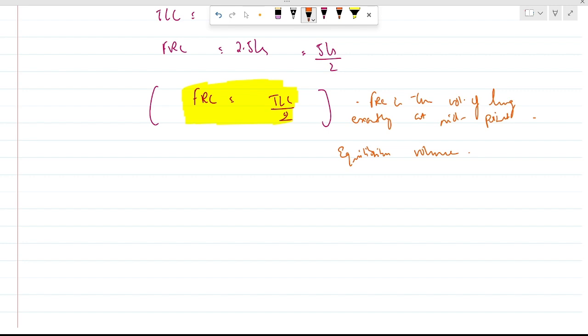So FRC is an equilibrium volume. It's the volume of the lung exactly at the midpoint, which is equal to half of the total lung capacity.